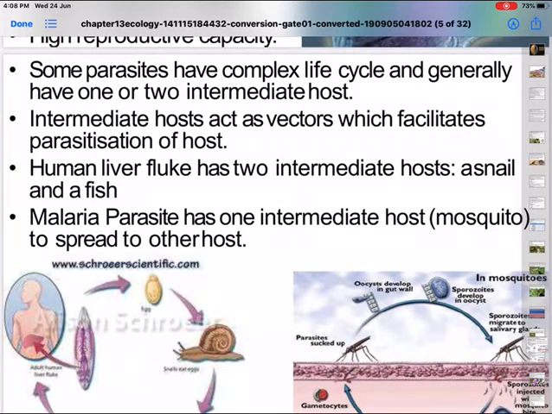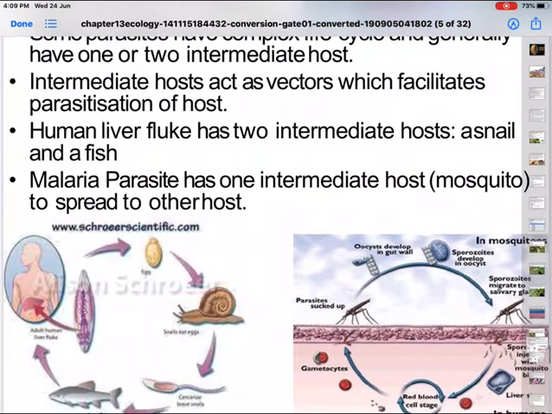But who is carrying that from one place to another, from one person to another person, from one source to another source? It is the vector. So we say vectors are carriers. Like female Anopheles carries pathogens, the protozoans. And whenever that female Anopheles bites a person, the disease spreads from person to person. That's why we say it is a vector.